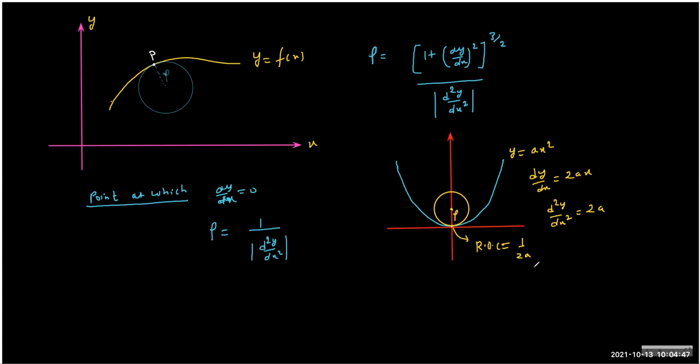So this is the formula of the radius of curvature at the bottom one, not for other points. In fact, we can do it for the projectile also.